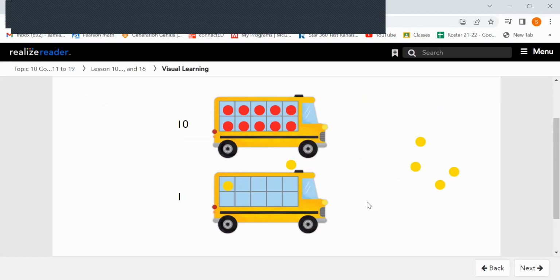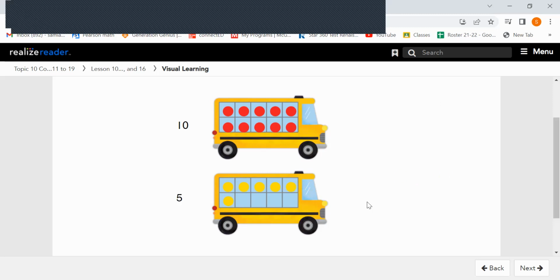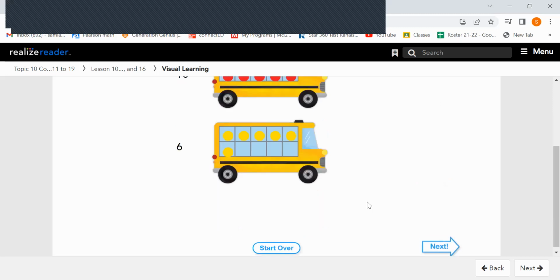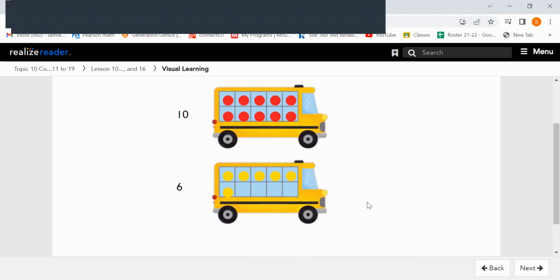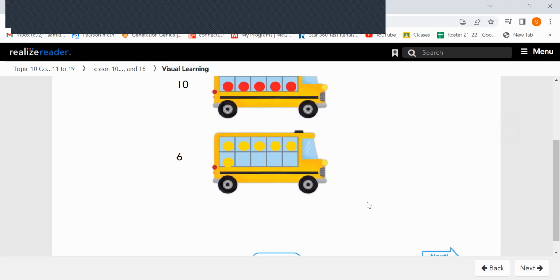Now we're going to continue into the second bus or the second 10 frame. I'm going to add the yellow counters. So in our first bus, we have 10 counters, and in our second bus, we have 6. So we have one set of 10, and we have 6 ones.